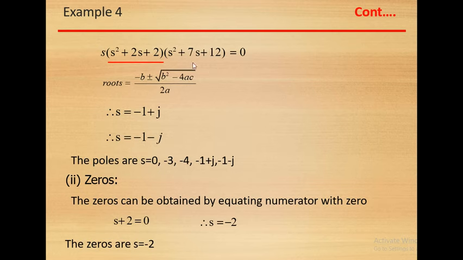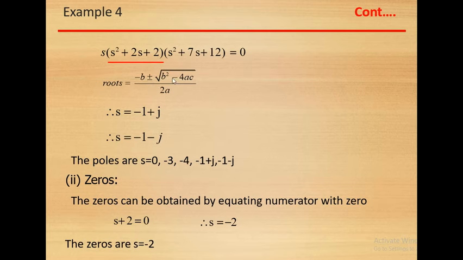You have to do this on paper and you will get the answer. Again, note down the values: a is 1 because the coefficient of s square is 1, b is 2 because the coefficient of s is 2, and c is the constant 2. Keep only one sign for one root, either plus or minus.